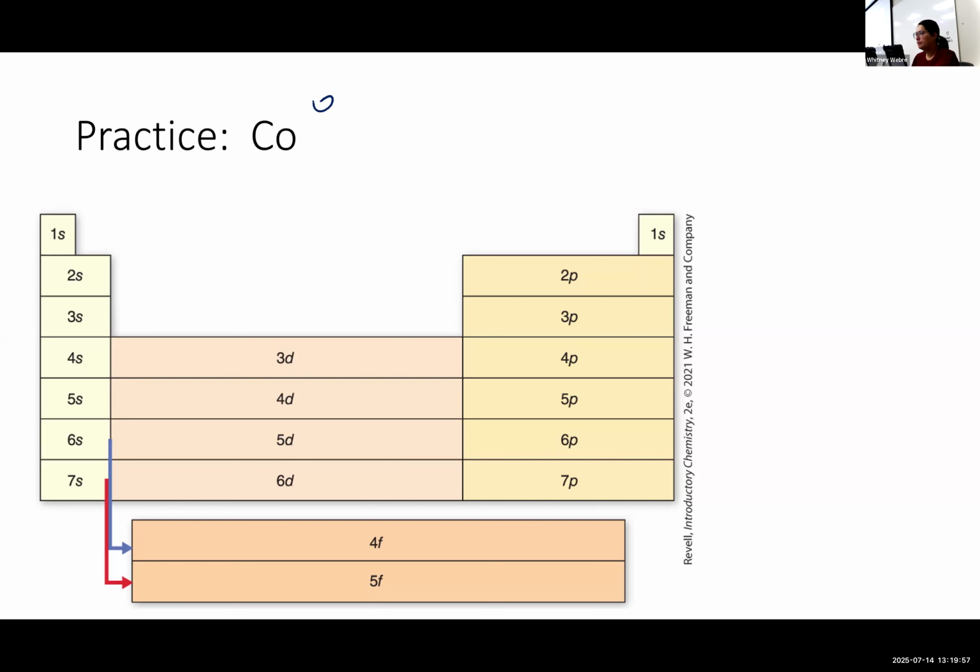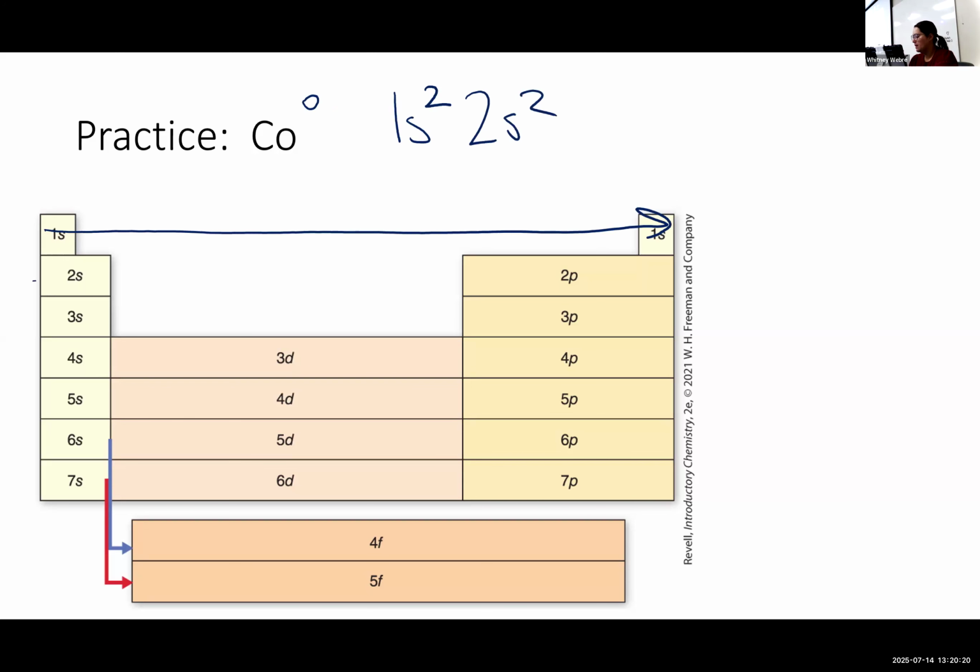What do I start with? So we did 1s, we're done with 1s. What's next? 2s2. So we've done 2s. What's next? Cobalt is somewhere in here, so it'll be 2p6. So we finished the 2 row.